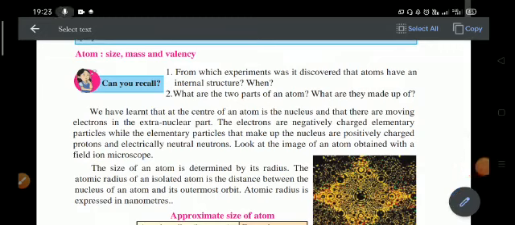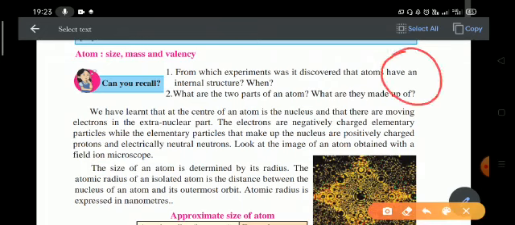What is an atom, and what is the size, mass and valency of an atom? We have learned in the previous standard that the center of an atom is the nucleus, and that there are moving electrons in the extranuclear part, like this.